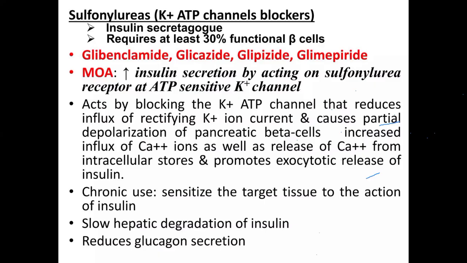So this mechanism can be explained in two ways. Firstly, potassium ATP channels are blocked, thereby potassium release is blocked. Secondly, depolarization of pancreatic beta cells occurs, thereby calcium channels are opened and calcium influx is increased, which in turn results in the exocytotic release of insulin.